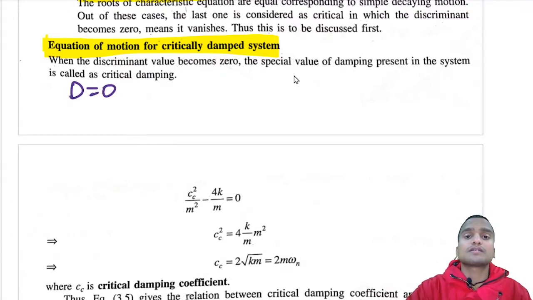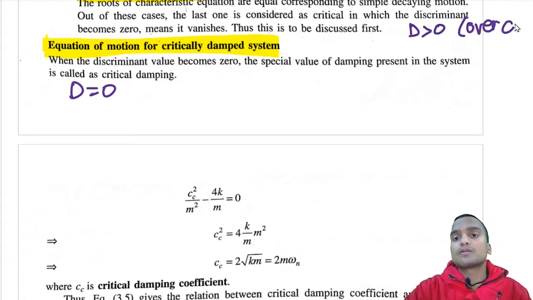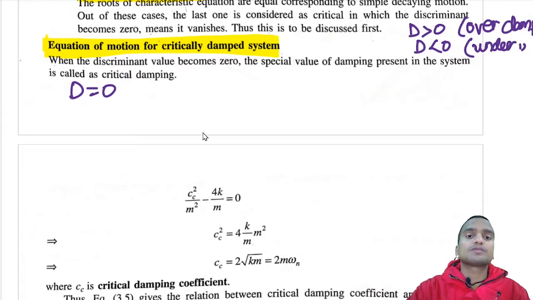When D is greater than 0, it is over damped, and when D is negative, it is under damped. So it is very easy to understand. Now we are considering the critically damped system where the discriminant value becomes 0.